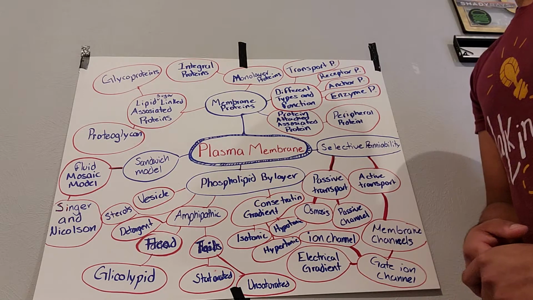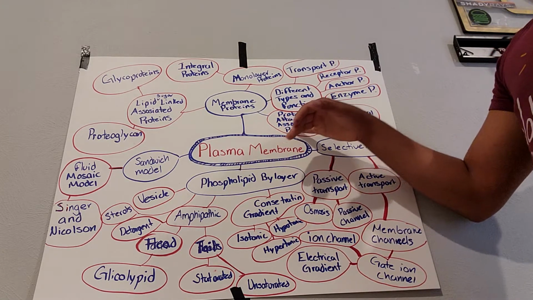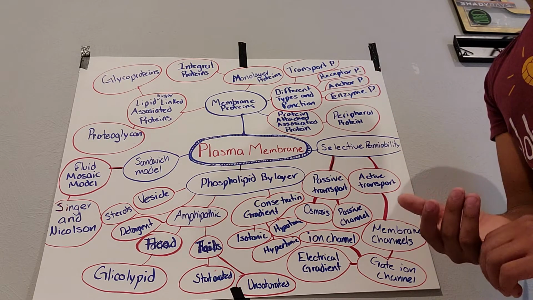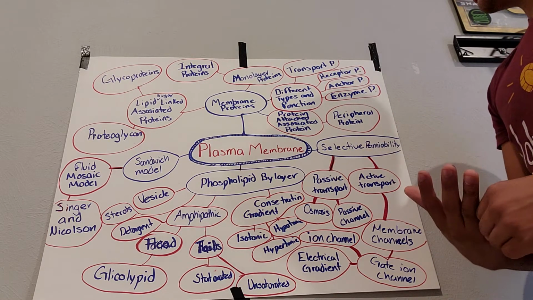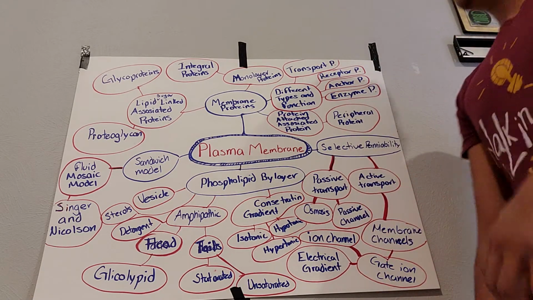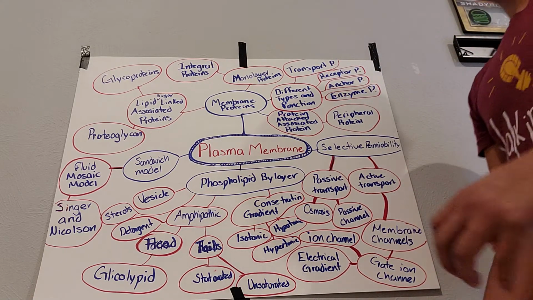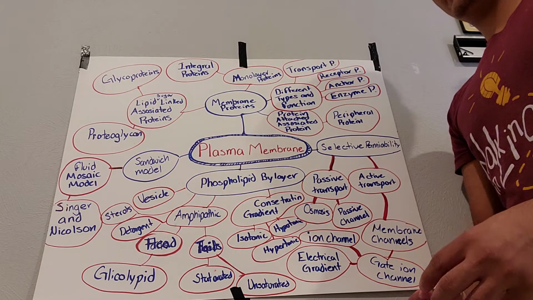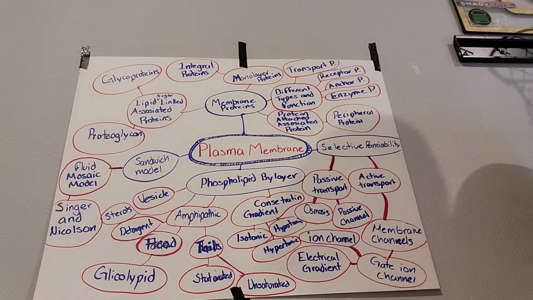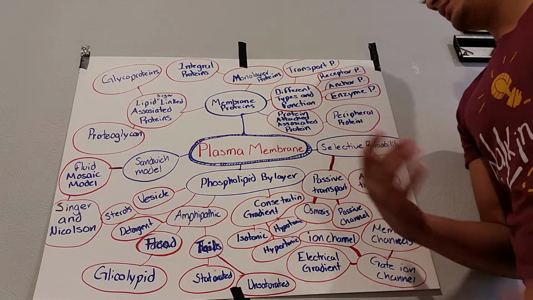You also have associated proteins, just kind of like an anchor protein, though it doesn't have to be an anchor. That's one example. It can also be a protein that's embedded into the membrane, and then another protein is covalently bonded to it. That would be called a peripheral protein.